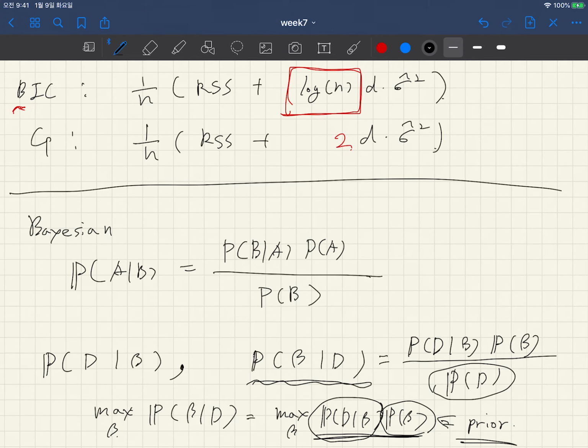Okay, anyway, so BIC uses this Bayesian rule, and from some prior distribution, the BIC value includes the log n term, and essentially because of this log n term, the BIC metric penalizes more when you increase the number of parameters.